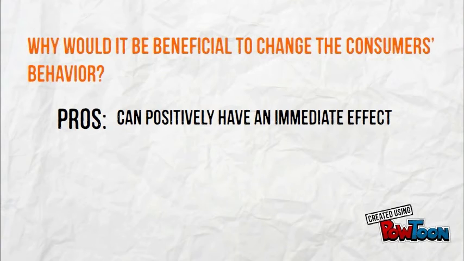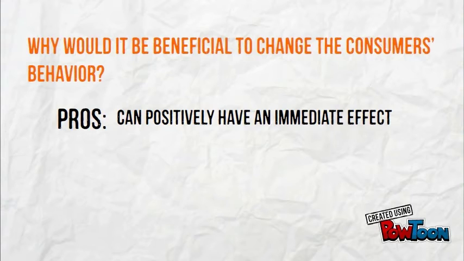This can positively have an immediate effect. For example, through trade shows, Tesla Motors can convince potential customers to change their mind about electric cars by presenting the advantages, what is in it for consumers to shift from traditional cars to electric cars.